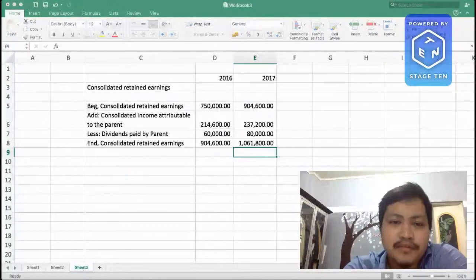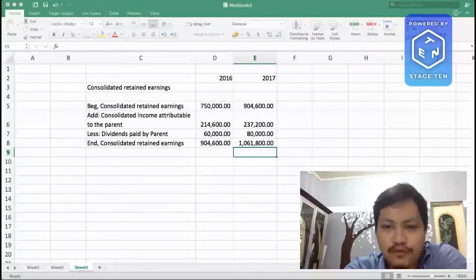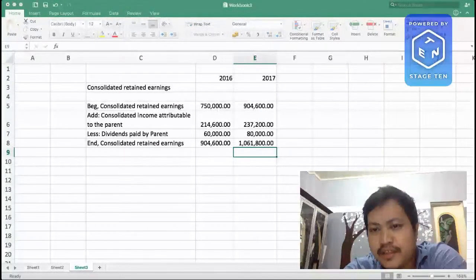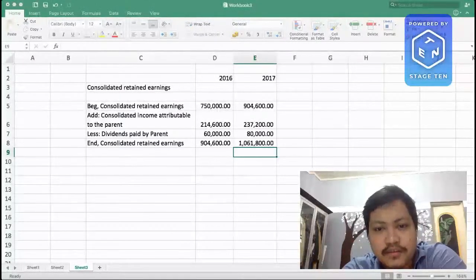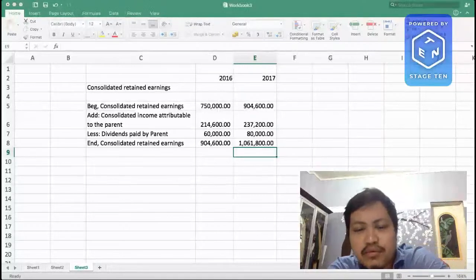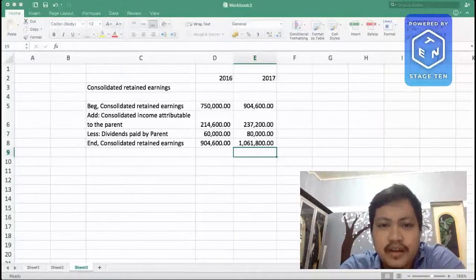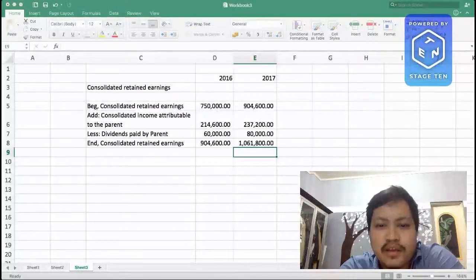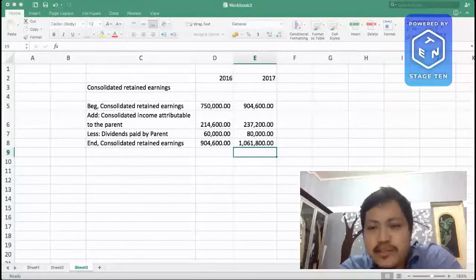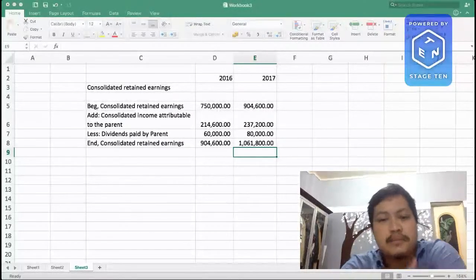Part of the excess of the price paid over book value is attributable to fixed assets with the remaining useful life of 10 years. The fixed asset had a book value of 40,000 and a fair value at the date of acquisition of 100,000. Summer Company uses the cost method to record its investment in Capital Company.